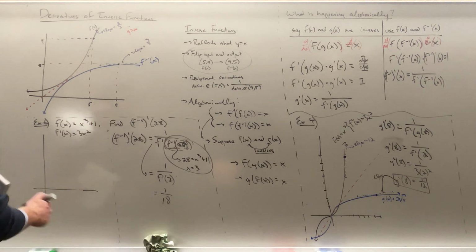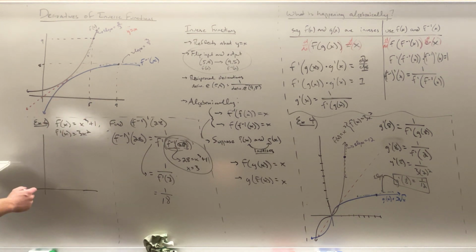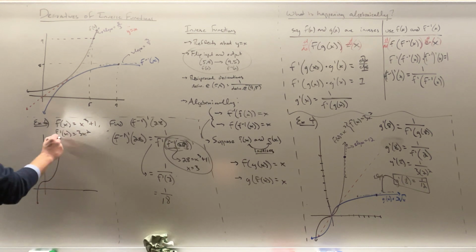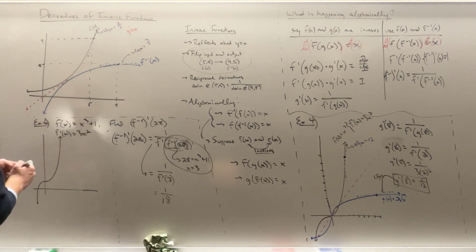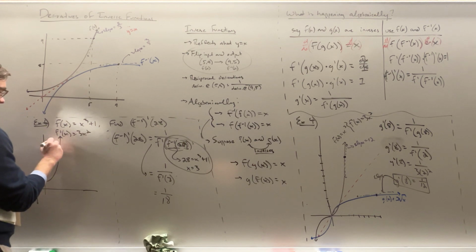All right, now graphically, what's going on? Graphically, we have the function x cubed plus 1, which looks like this. That's f of x.